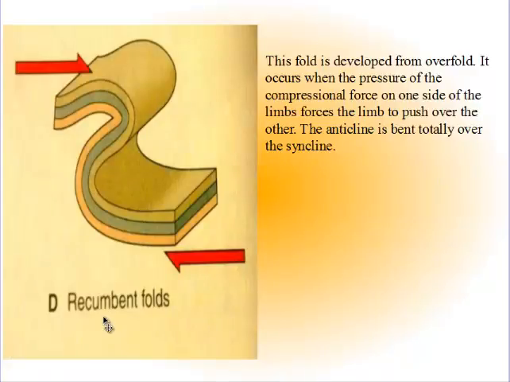There is also another one we call the recumbent fold. This fold is developed from overfold. It occurs when the pressure of the compressional force on one side of the limbs forces the limb to push over the other. The anticline is bent totally over the syncline, forming an S shape.